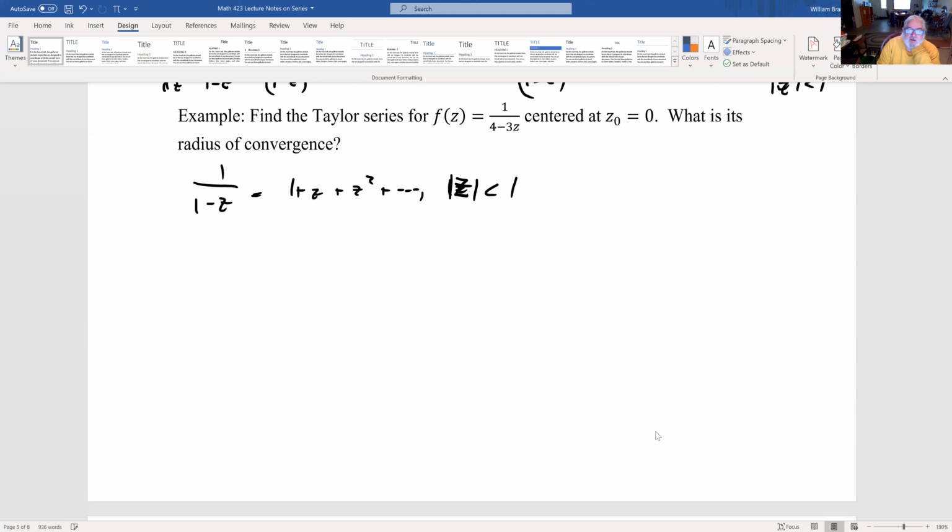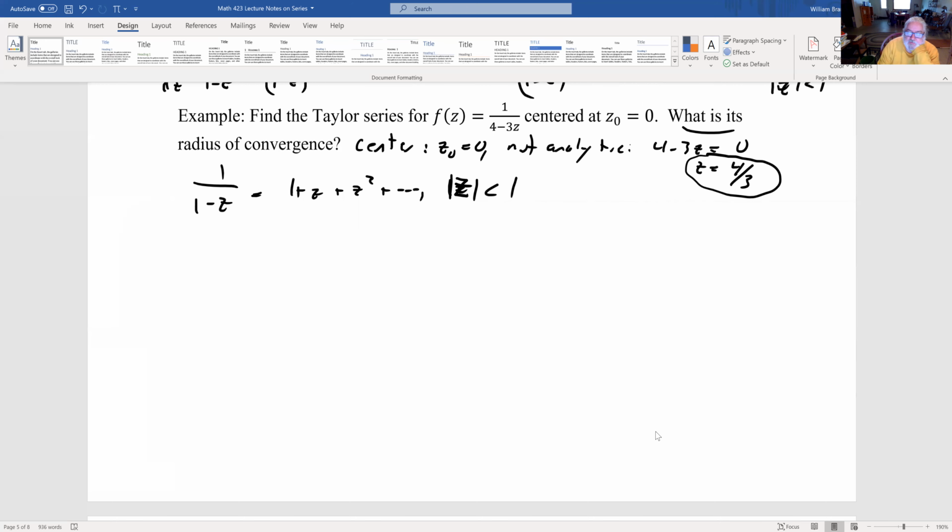Okay, I should answer this question first. What's the radius of convergence? Center is z0 equals 0. Not analytic. Well, it's not analytic when you divide by 0. So where is it not analytic?